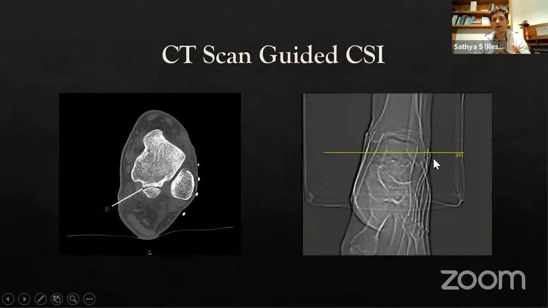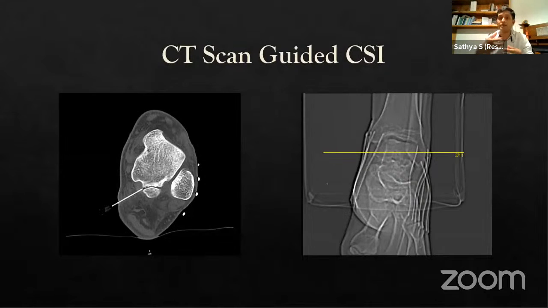Here we are seeing a CT scan guided corticosteroid injection, how it can be inserted, and how it can be beneficial for us to understand how it works. This patient of mine had a multiple comminuted fracture of his calcaneus and underwent conservative management. However, he developed a lot of pain in his sinus tarsi and the subtalar joint.